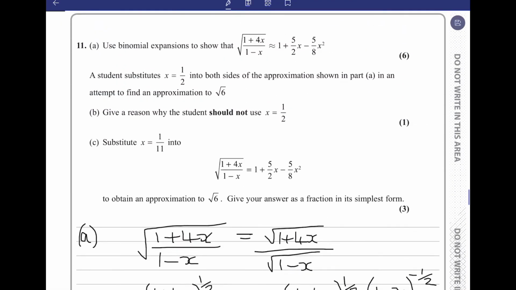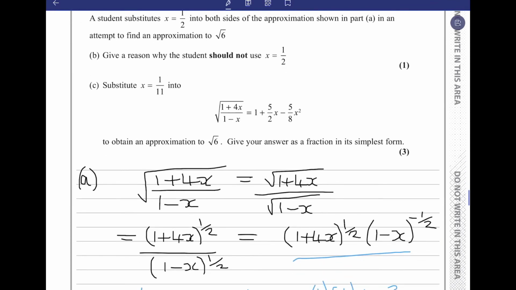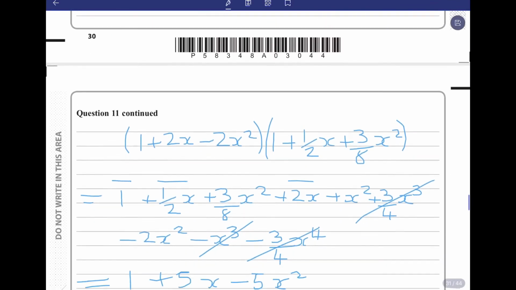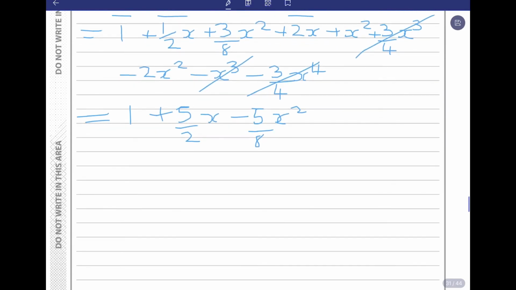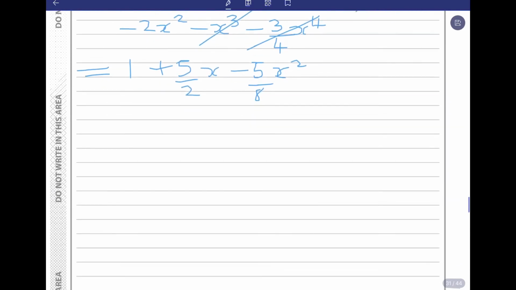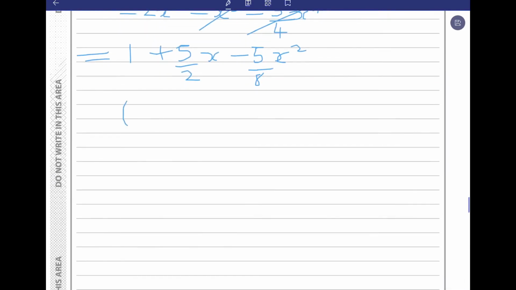Now, a student substitutes x equals a half into both sides of the approximation shown in part A in an attempt to find an approximation to root 6. Give a reason why the student should not use x equals a half. Well, this comes down to what values of x the binomial expansion is valid for. So we performed binomial expansion on (1 plus 4x) to the half.